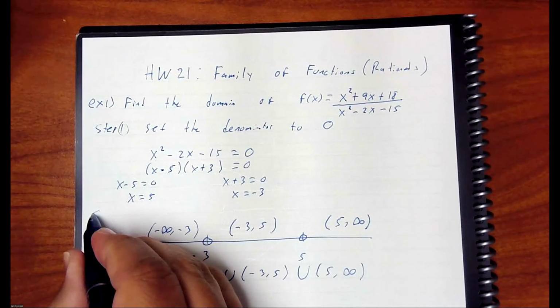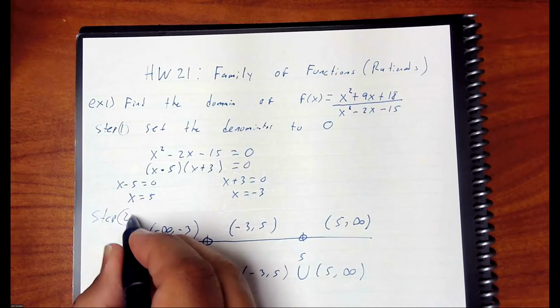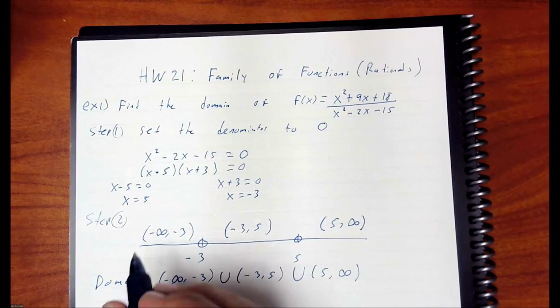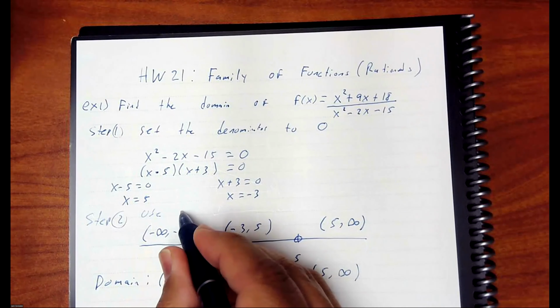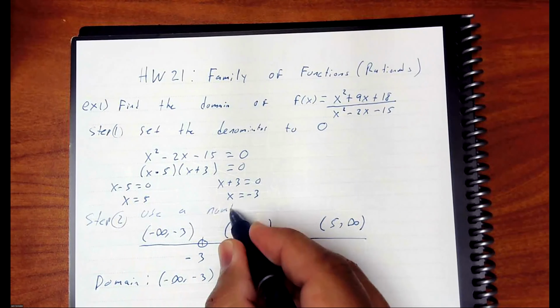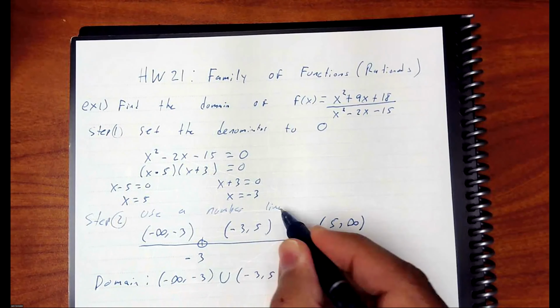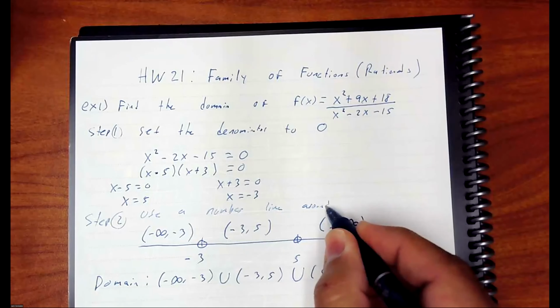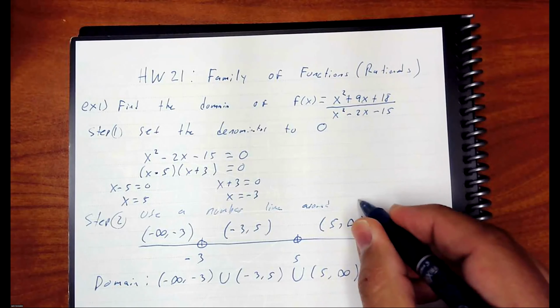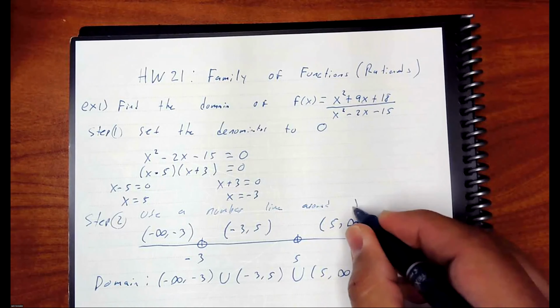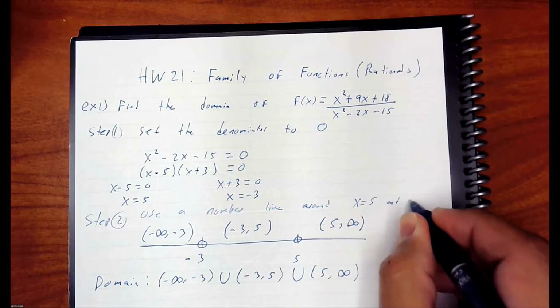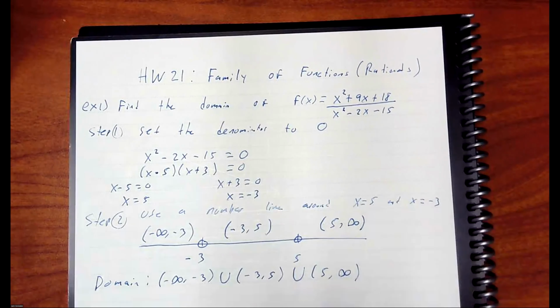This is step 2, by the way. Use a number line around x equals 5 and x equals -3.